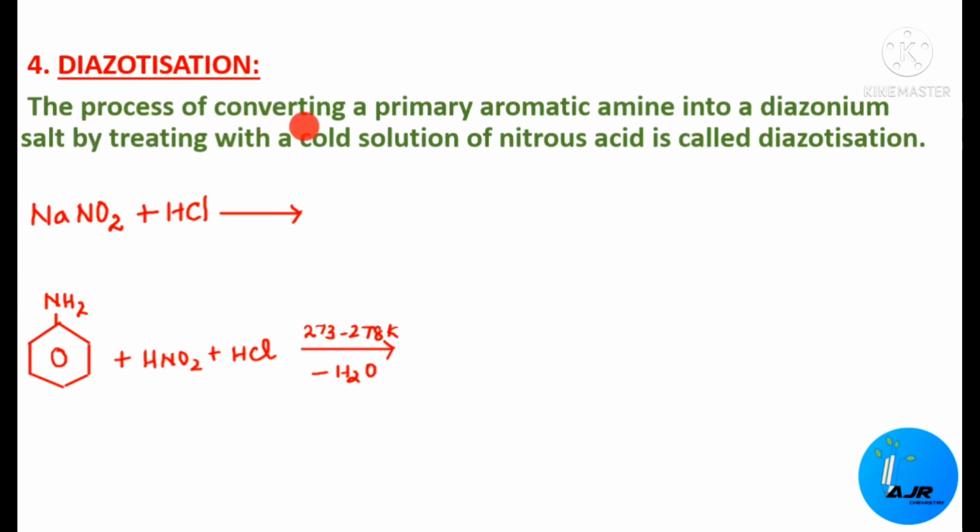The process of converting a primary aromatic amine into a diazonium salt by treating it with a cold solution of nitrous acid is called diazotization. Understood? First let us prepare nitrous acid; we need freshly prepared nitrous acid. For that, we take sodium nitrite plus HCl.